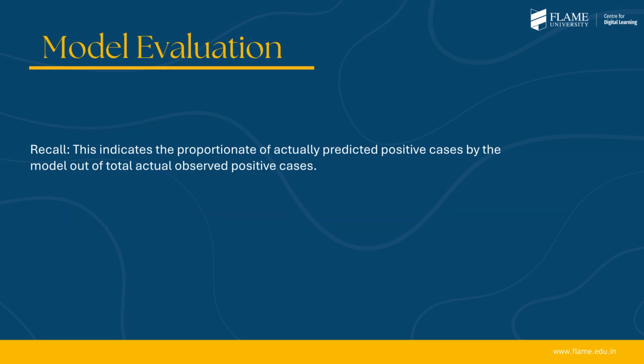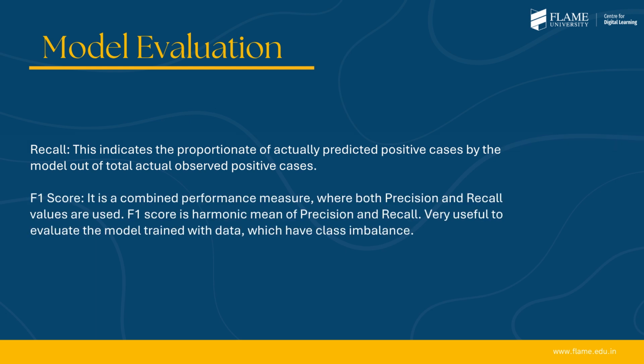And then recall, which indicates the proportion of correctly predicted positive cases out of the total actual positive cases. F1 score is the combination of precision and recall, where we find out how well your model maintains precision and recall, and this score is very useful when there is a huge class imbalance in your training data, or your data itself is a little biased toward one class.